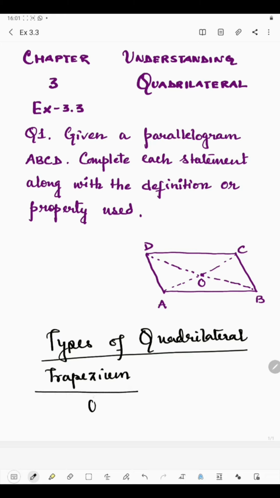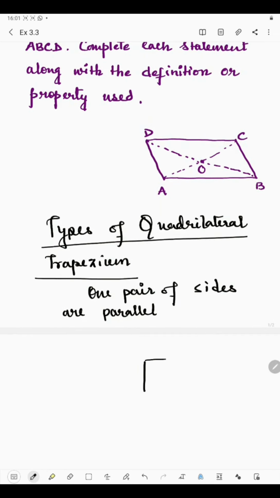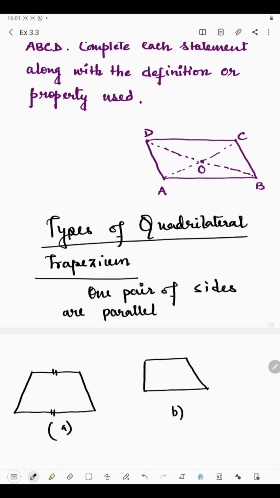So here one pair of sides are parallel. This is the shape of a trapezium. Again, this is also a shape of a trapezium, in which these and these are parallel, and in this figure, this and this are parallel. That means in a trapezium one pair of parallel sides are there.